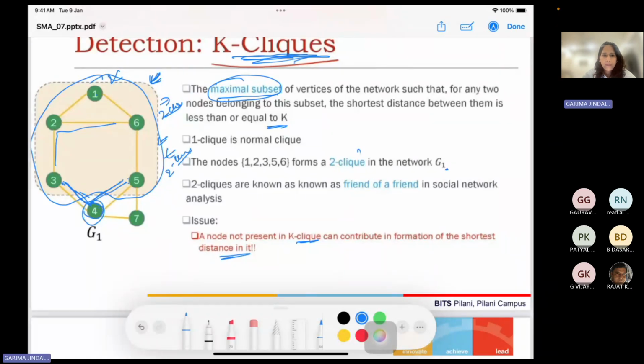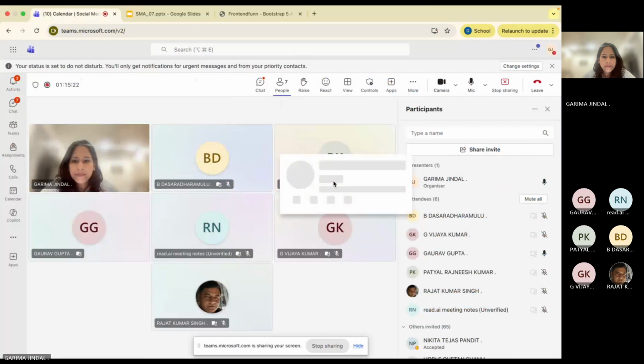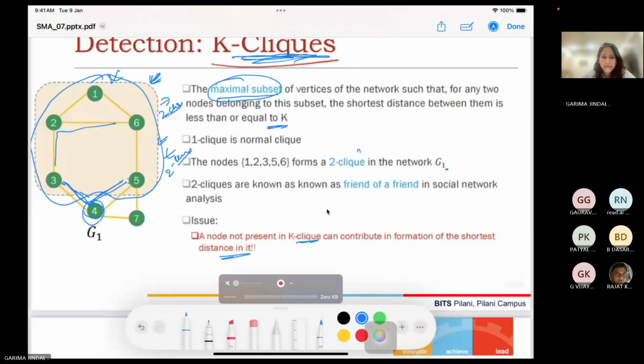For that, you need to identify the distance between the nodes. Anyone? Class, please try to answer yes or no. It's okay if it is wrong.